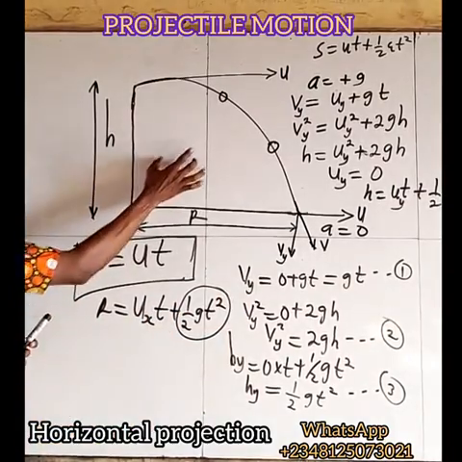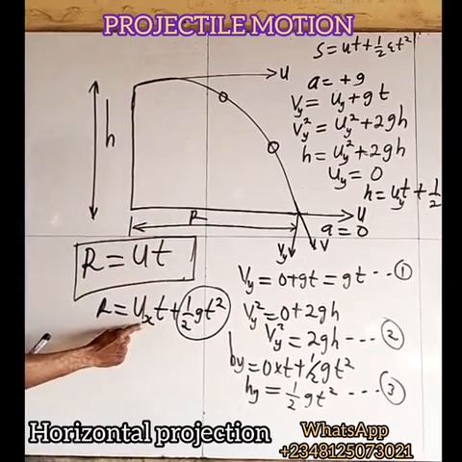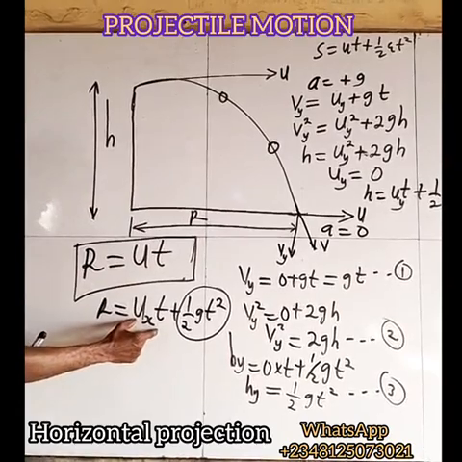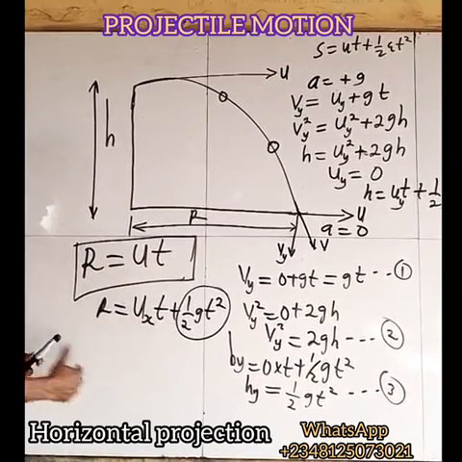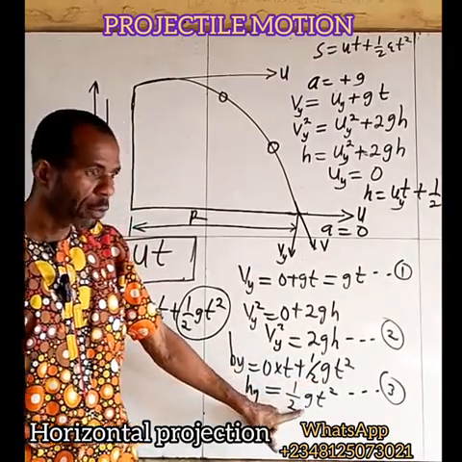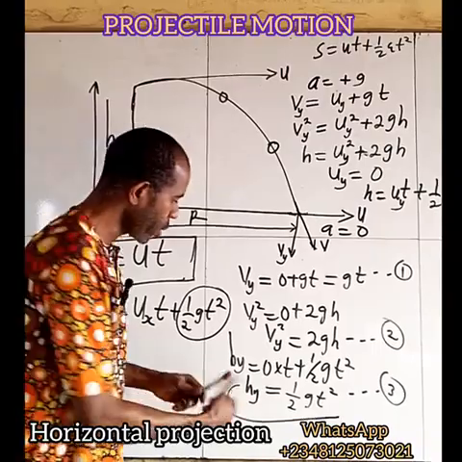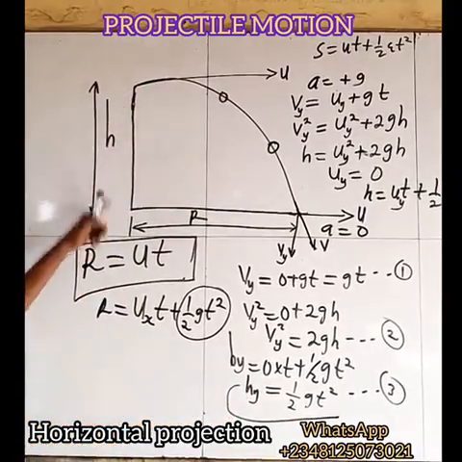So if we put 0 there, we are left with just the initial velocity multiplying the time of flight. That is why the horizontal distance, which is the range, is equal to uxt. So that is the formula for calculating the range.